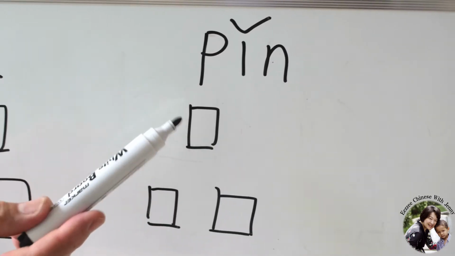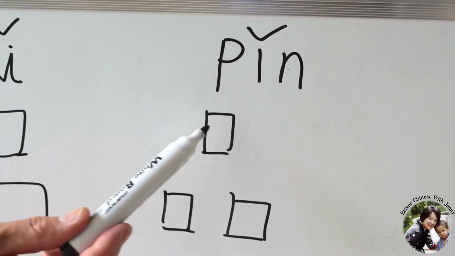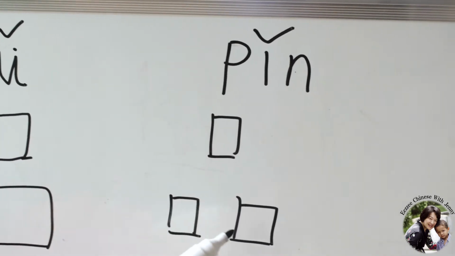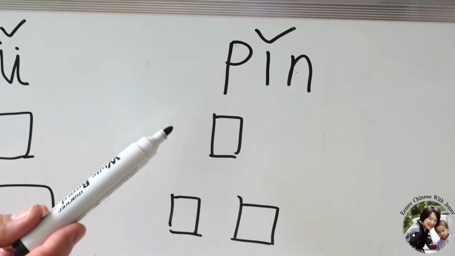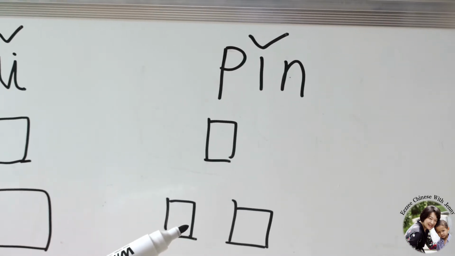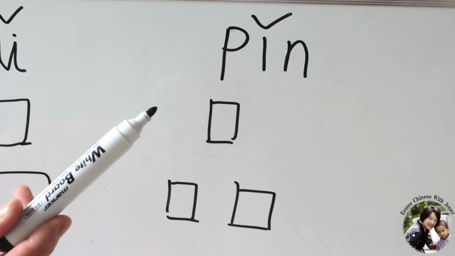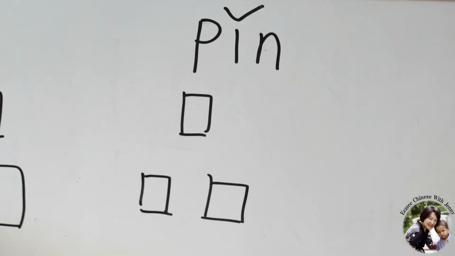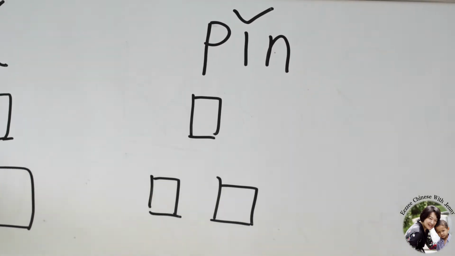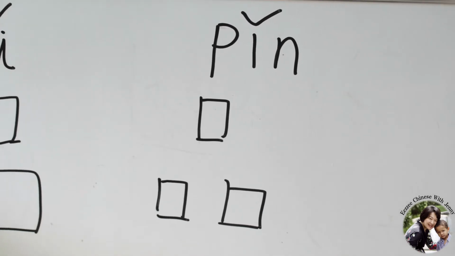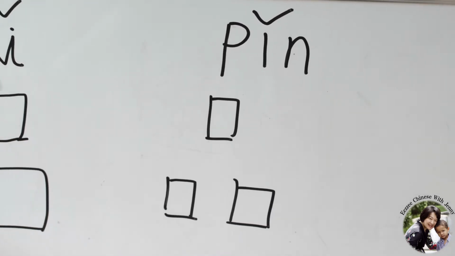Okay, let's see. How about putting three mouths together? One on the top, two on the bottom, which means many, many mouths together. It means taste. It can be a verb. You taste something. For example, you taste the wine, you taste the food.